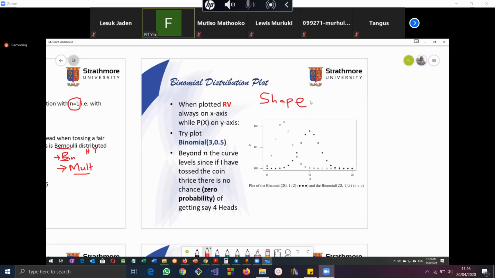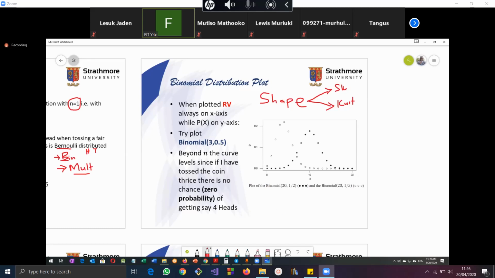Remember last time we were talking about how to determine or measure the shape of the distribution. And we talked about skewness, okay, and also kurtosis, the two ways to measure the shape of a distribution.